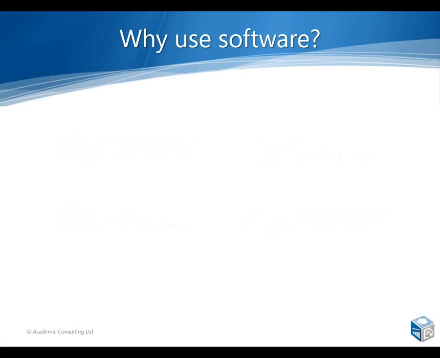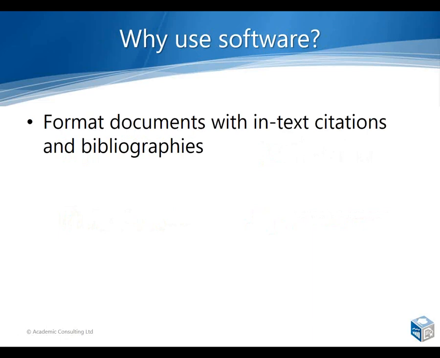So why use software is probably a good place to start. If you're not currently using reference management software, then you really need to be. In terms of saving time and improving accuracy of your citations and your reference lists, they're an absolute must-have. They have what we call Cite While You Write features. That means that while you are working in your word processor, instead of typing Smith 2015 into your document, you jump across to the software that you're using, you pick the Smith citation from your database, and you insert it into your word processor document from there.